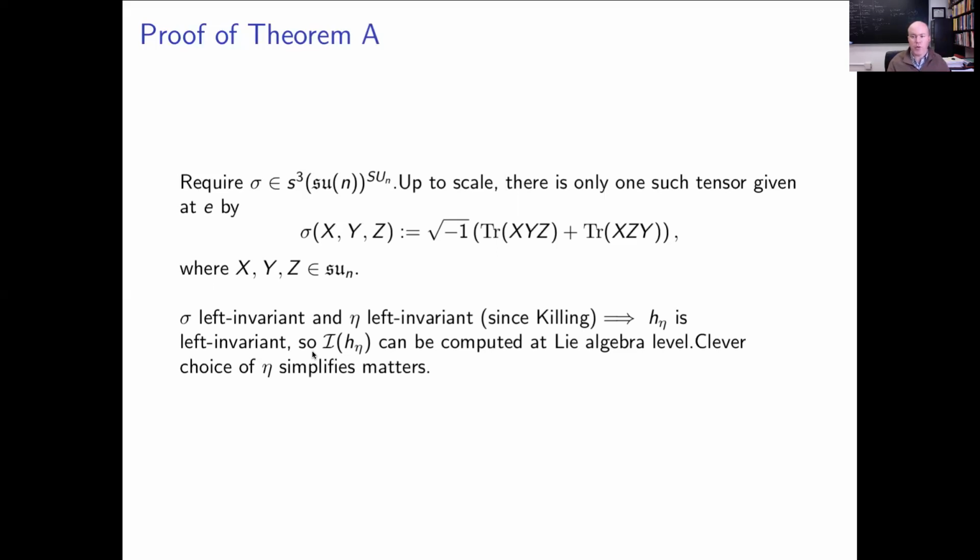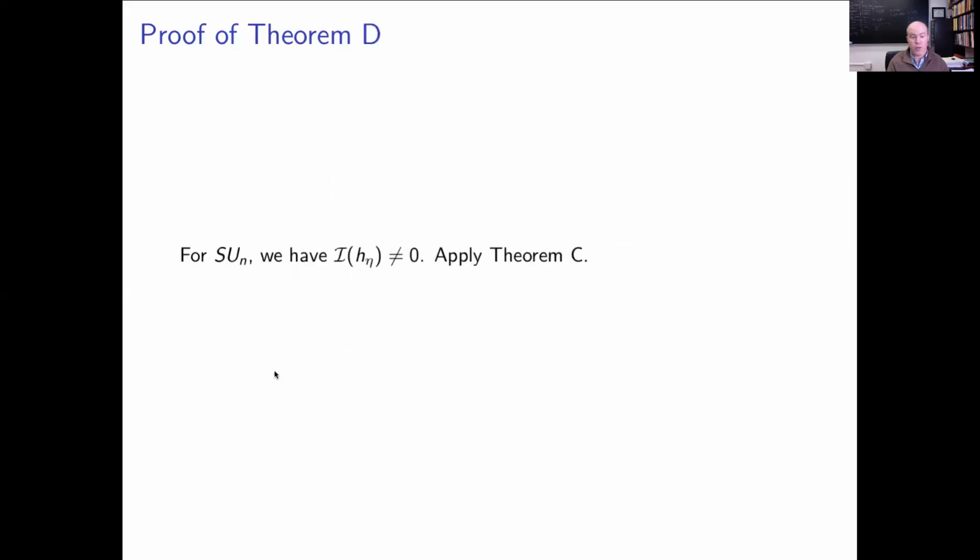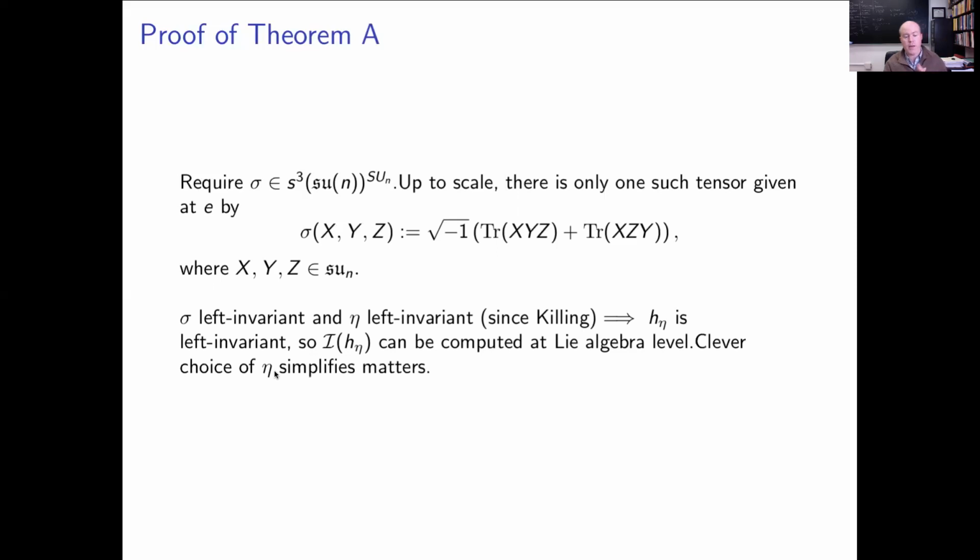You have to choose eta, for example, to be diagonal and to have certain formats so that it will make the computation tractable, and it definitely took us a lot of work, but that's the key insight into how it works. And so as an upshot, we carry out the strategy outlined.